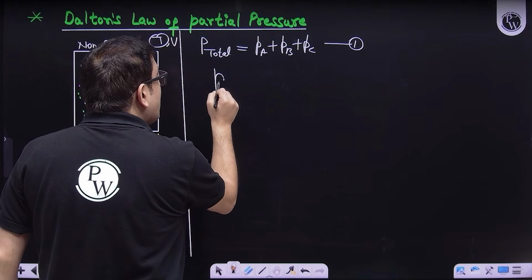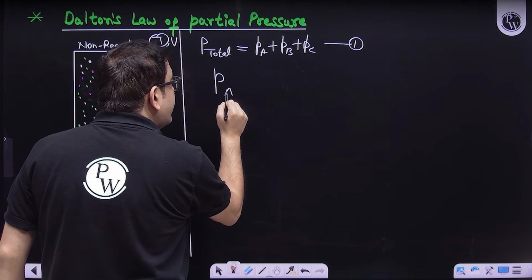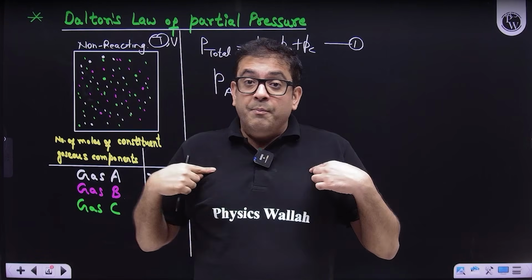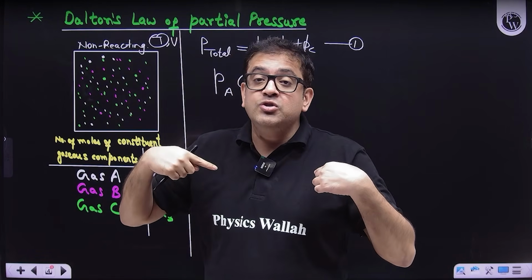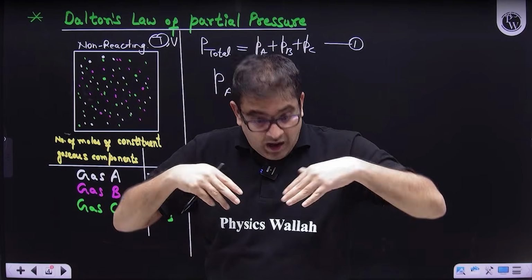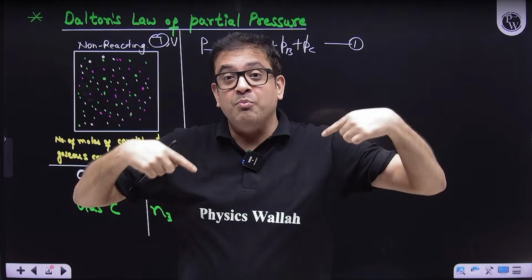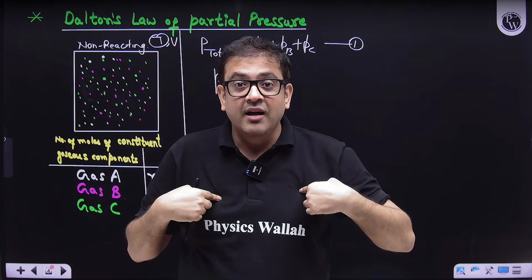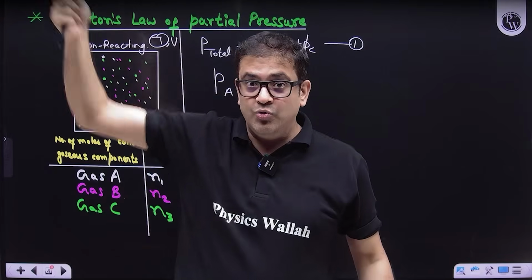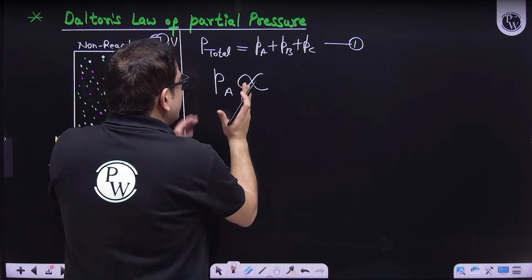One more thing. The partial pressure of any component is proportional to how much contribution I make towards the total pressure: my moles upon the total moles. So the mole fraction of me multiplied by the total value which is measured outside. This is also common sense.